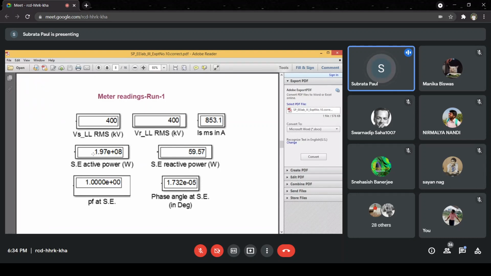It is almost close to 600 megawatt, isn't it? If you multiply it by 3, it is almost 600 megawatt. And it is quite an expected value for the SIL of a 400 kV line.